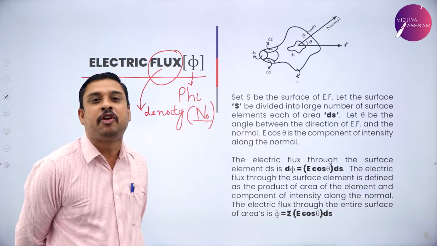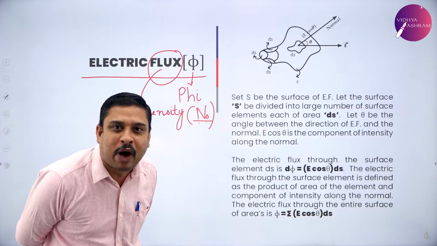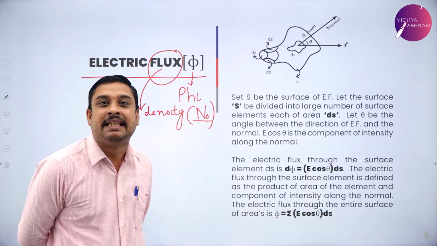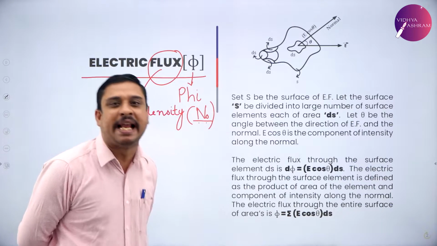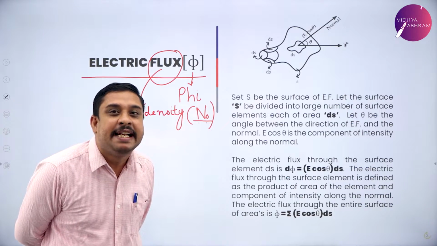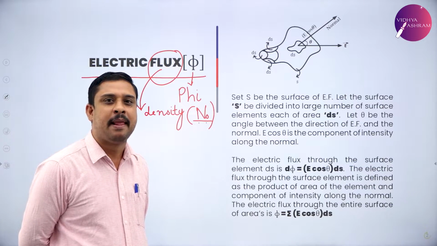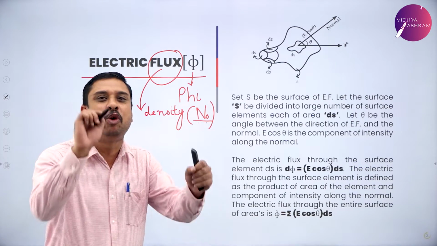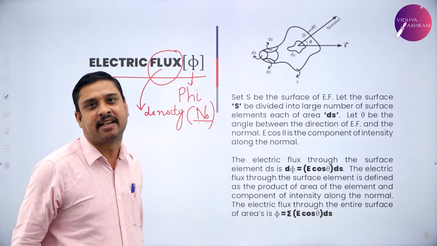So at this point, I just want you all to understand that the word flux relates to density, and here I have called density as some number. So with this, let us try to understand what is electric flux.